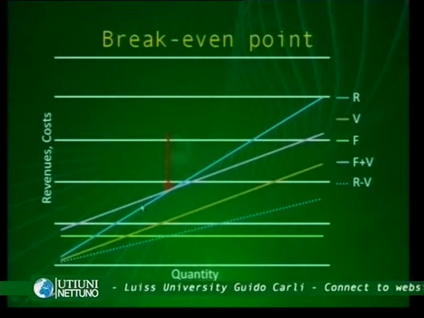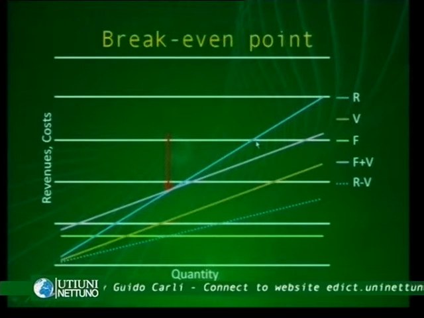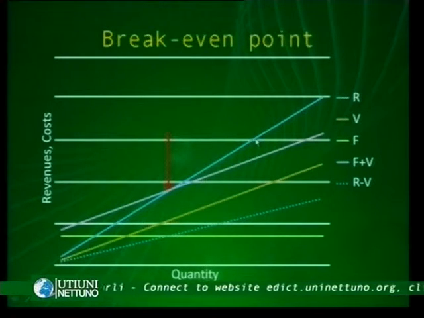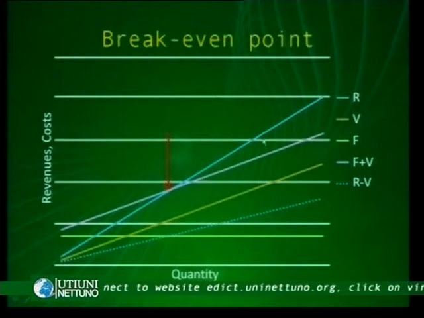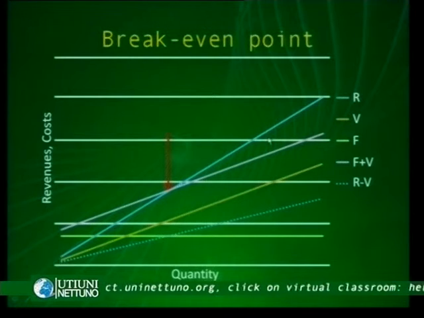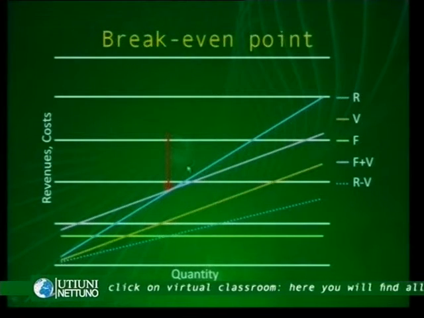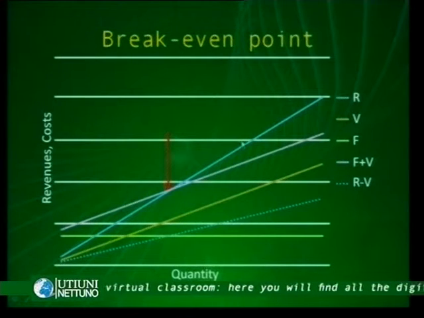So we have an area of loss, that is this one. And then we have another area where the project or the firm is generating profits as revenues are higher than costs, and the profits are represented by the difference between the blue line and the purple line. And so we have here an area of profits.